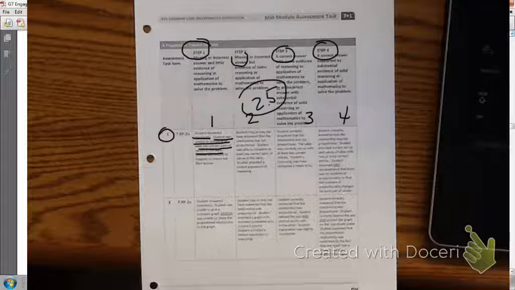It says here, number 2, they may or may not actually have gotten the answer correct. In this case, it was about identifying whether the relationship was proportional or not. But they were able to complete at least a few correct pairs, maybe values on the table. And now mainly what's going to create a difference between the 3 and the 4 is this idea of explaining. Very often it says to explain your answer.